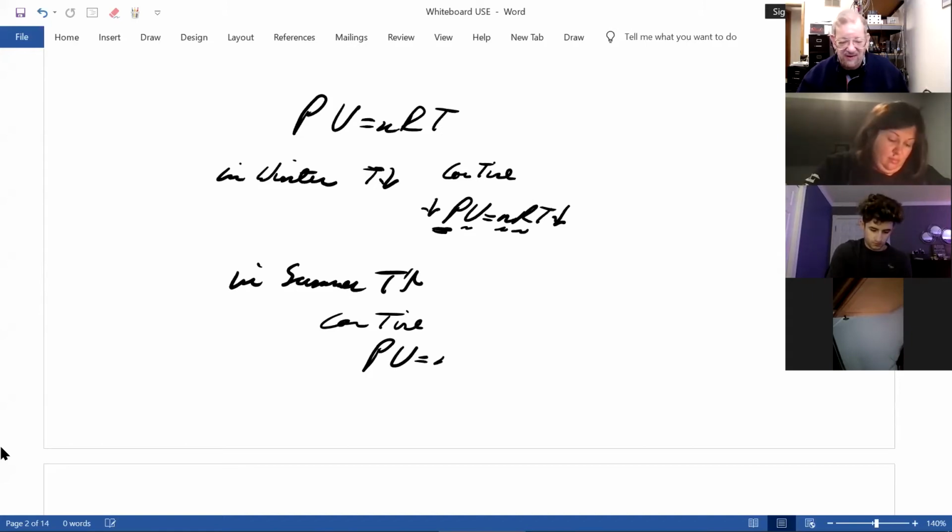PV equal nRT, and the volume, the moles and R stay the same. If the temperature goes up, your pressure should go up. So you should check your car tires.